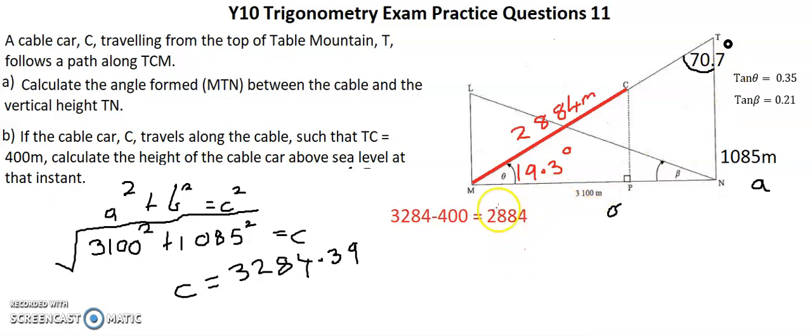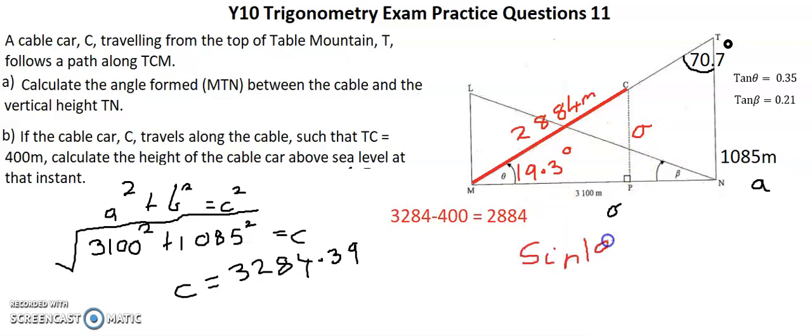So my adjacent, I don't have yet. My opposite I don't have, but I do have my hypotenuse and my angle. We are wanting the height, so my opposite. So we need the opposite, and I have my hypotenuse, which means I am using my sine.